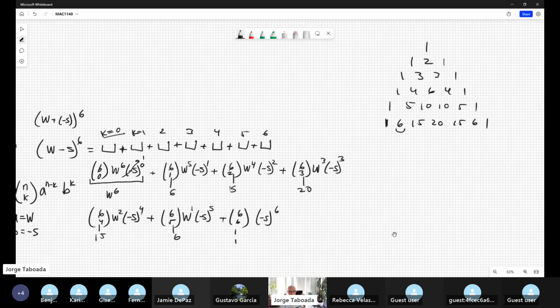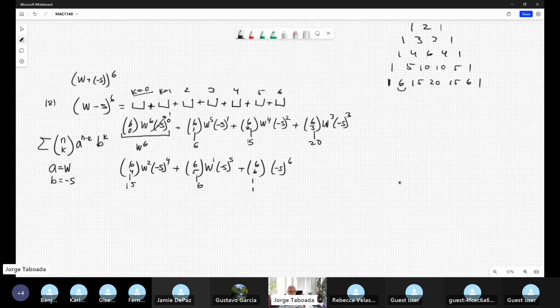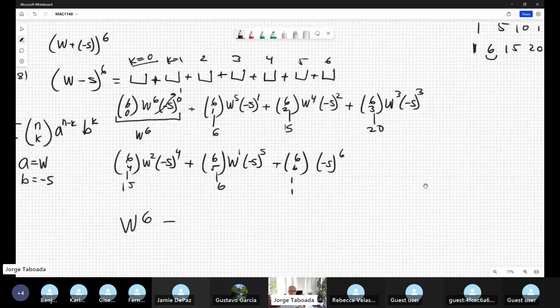And what is my final answer? My final answer is W6, the coefficient is 1 in front, and the 1 is not necessary. Plus, no, minus, because minus S. Be careful, notice that the term that contains S actually is minus S, not S. When the exponent is even like that, it's positive. But when the exponent is odd like that, it's negative. So this one is odd: 6 W5 S is minus, because it's odd.